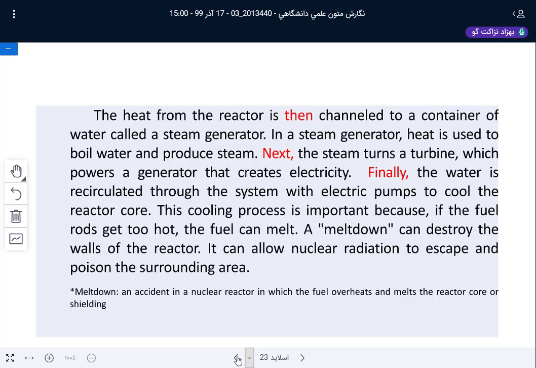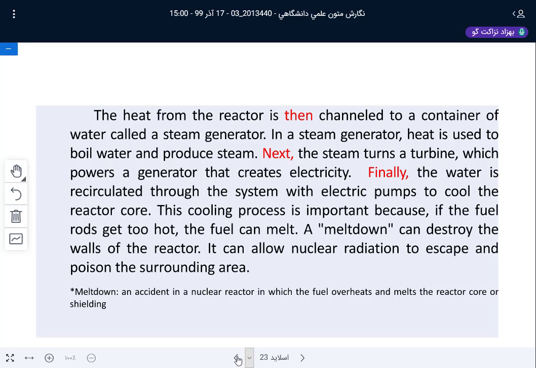The heat from the reactor is then, again, we are using then, next, finally. So these are showing how things are done chronologically, in order of time. What happens first? The heat from the reactor is then channeled to a container of water called a steam generator.